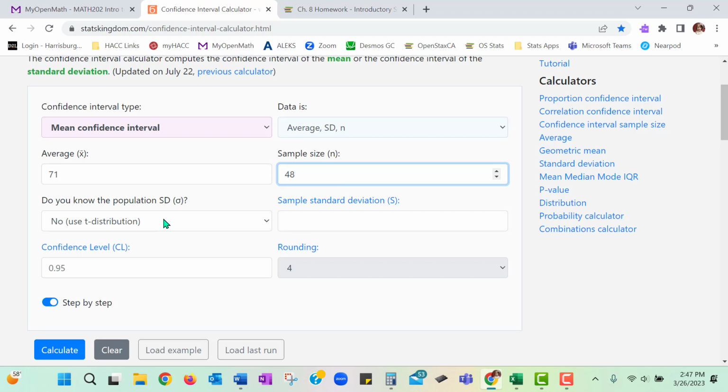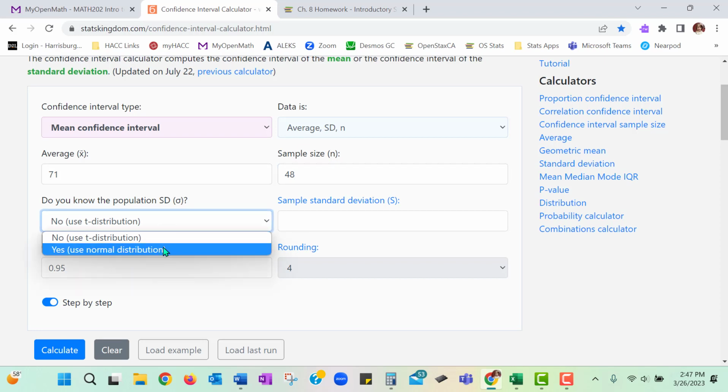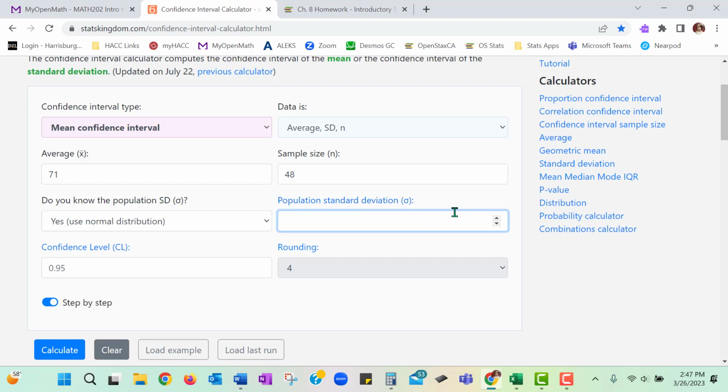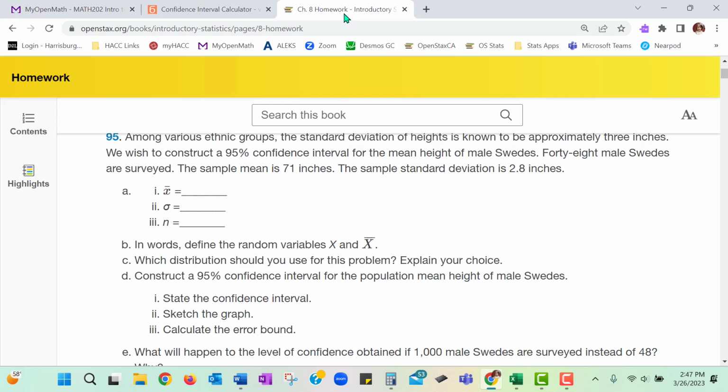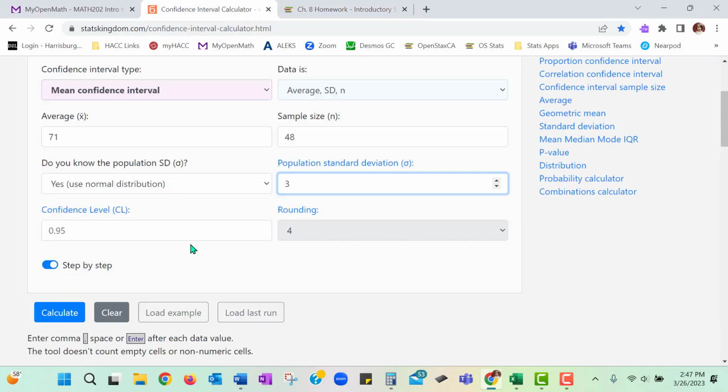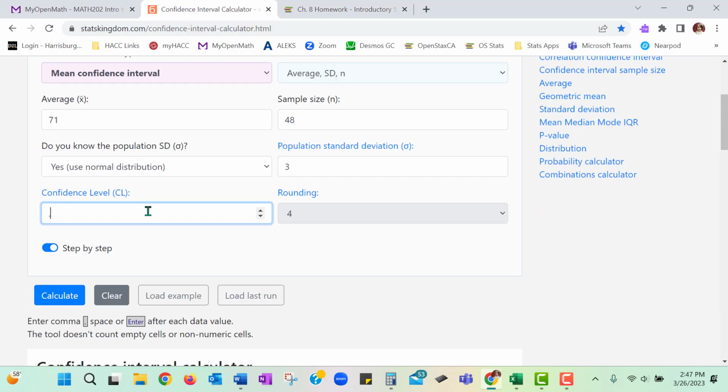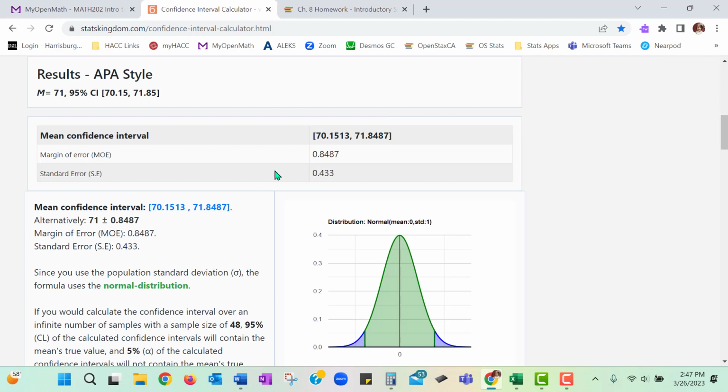Do you know the population standard deviation? Yes, we do. So normal is what we want, and 3. And we were supposed to do a 95% confidence level. I'll just leave it as 4 decimal places. Calculate.